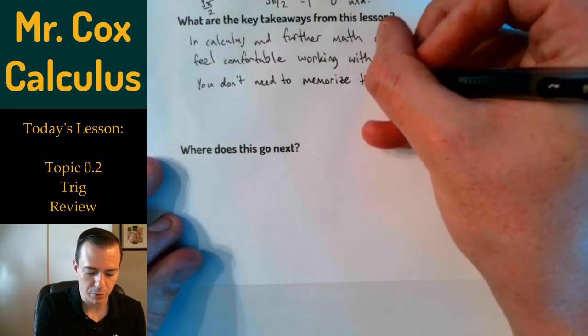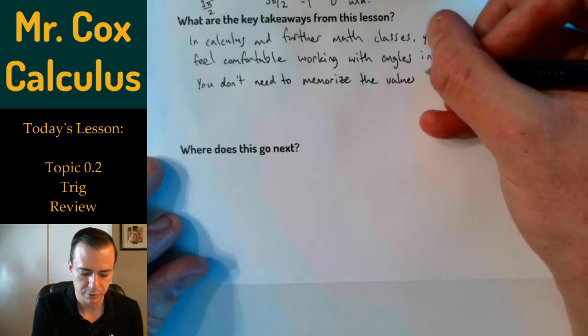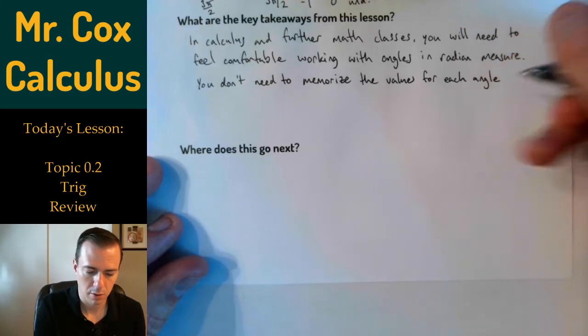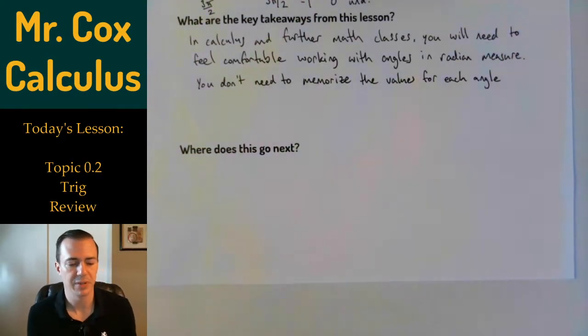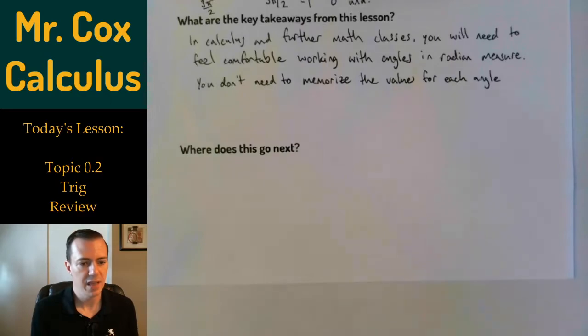The other thing here is you don't need to specifically memorize all of the values for all of the angles. So if somebody comes up and says, hey, what's the cosine of 11 pi over 6? It's not about just being able to recall that because you memorized what the cosine of 11 pi over 6 is. It's understanding, okay, 11 pi over 6, that's going to be in quadrant 4.